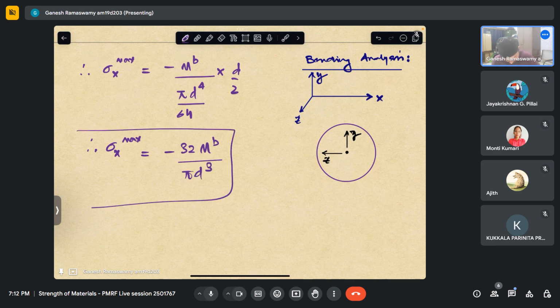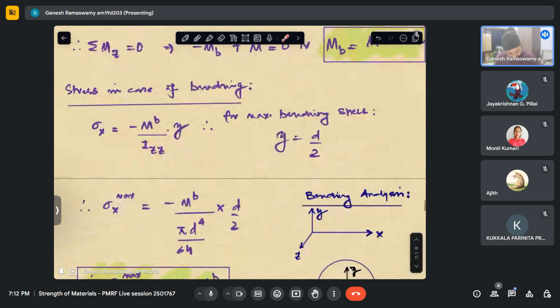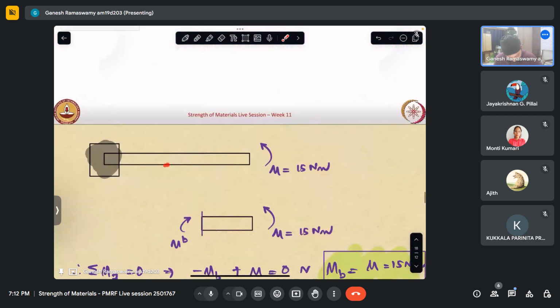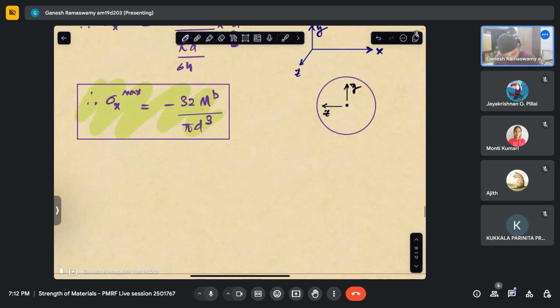So let us keep that as it is for the time being, and let me take a point at the bottom. In fact, given the positive bending moment here, if I were to take y as minus d by 2, let me take this to be minus. So my actual stress will come out to be tensile, which is positive.